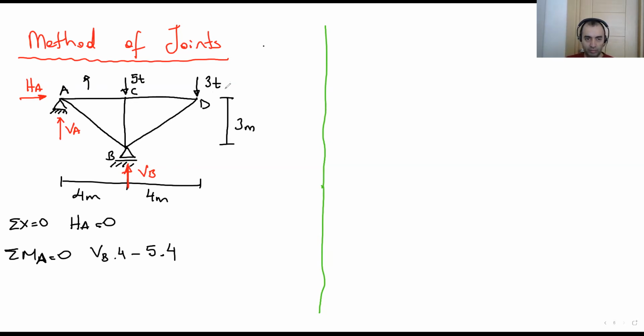And here we have 3 tons. 3 tons is in negative direction, minus 3 times the distance. What is the distance? 4 plus 4, 8 meter, equals 0. Okay. According to this calculation, you're going to see the vertical B is 11 tons. Let me check it one more time.